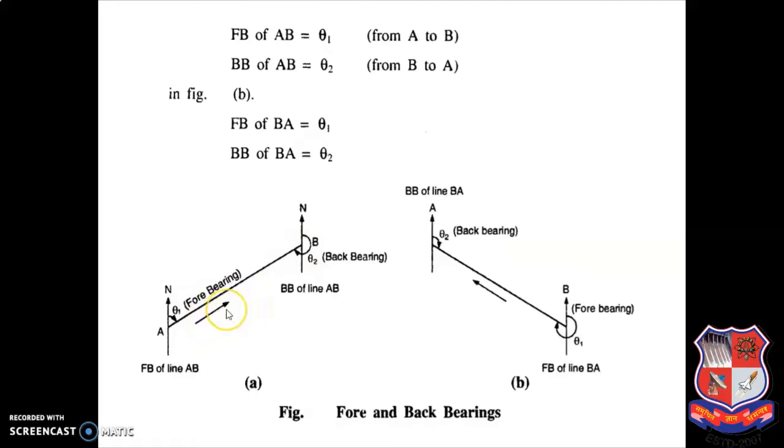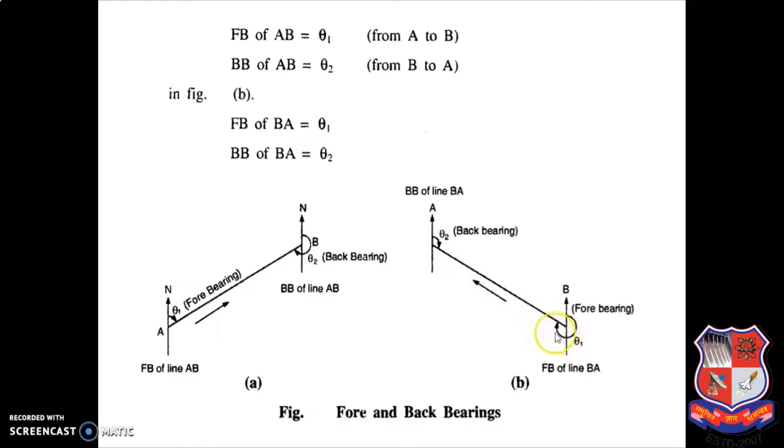You can see this is the direction of survey, the forward direction of survey. We are proceeding in this direction, and whatever angle we make with respect to the north direction, theta 1, is called the forebearing of line AB, and theta 2, which we measure in the reverse direction of line AB, is called the back bearing of line AB.